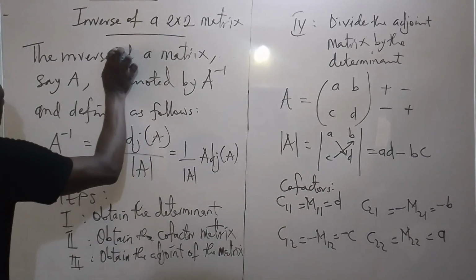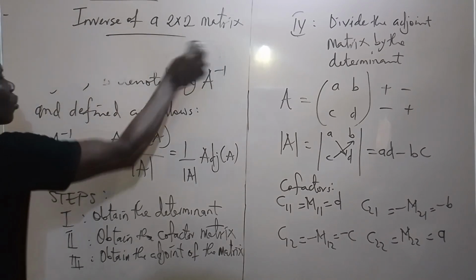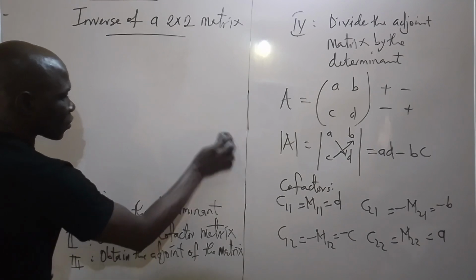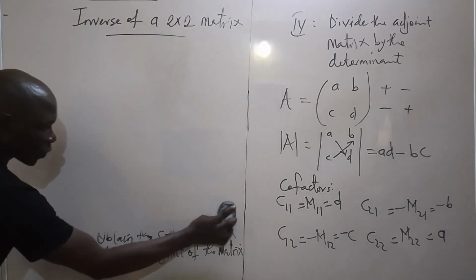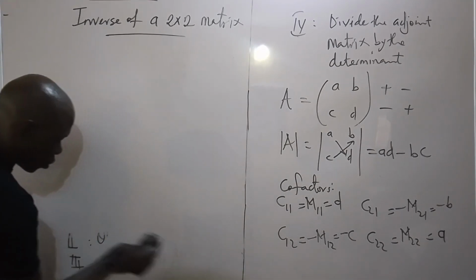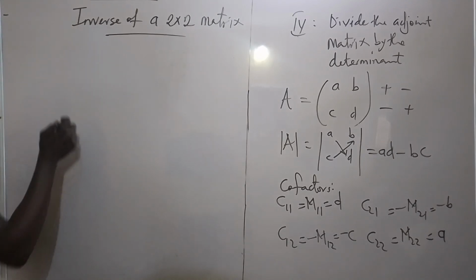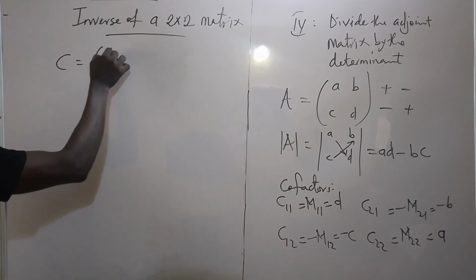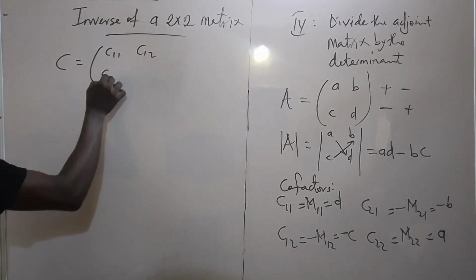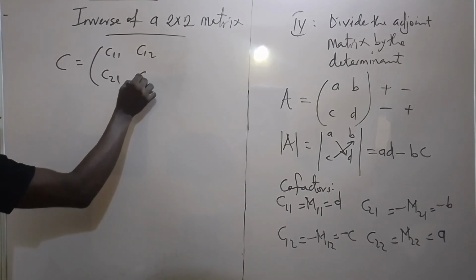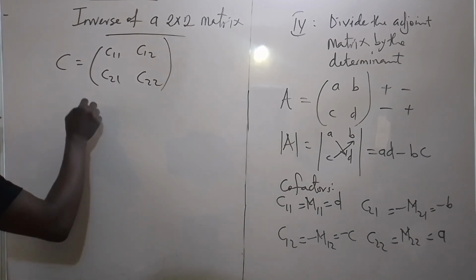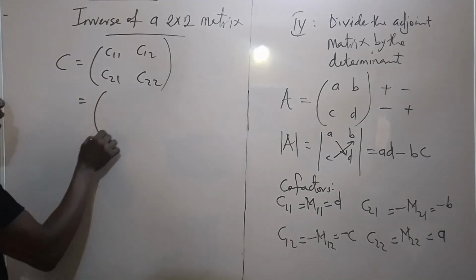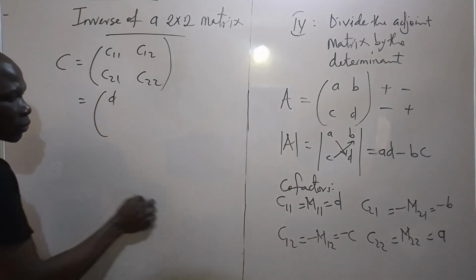Now let's get the cofactor matrix. The cofactor matrix, which is C, is simply the matrix of the cofactors. So in this case, the cofactor matrix C is equal to C11, C12, C21, and C22. All right, so in this case, C11 is D. So we have D up here.